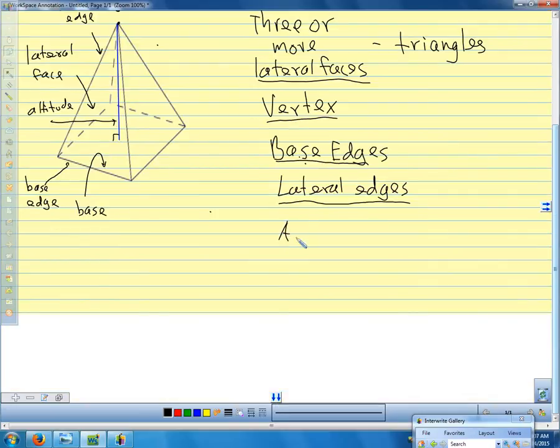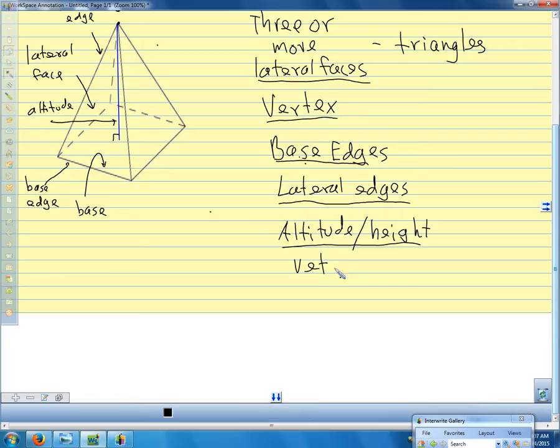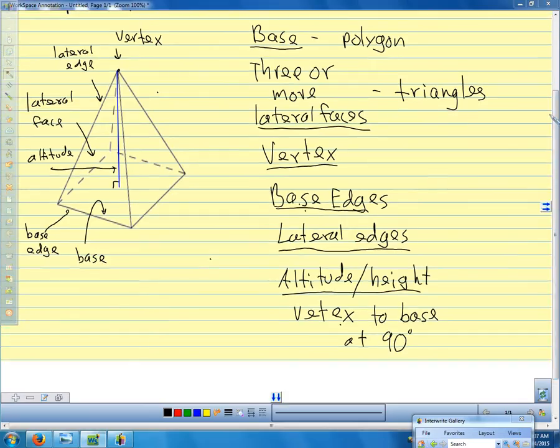I'm going to say the altitude/height, from the vertex to the base at 90 degrees. Most of the time we'll call it the height.